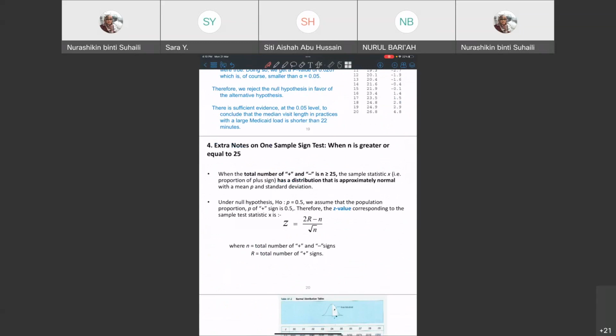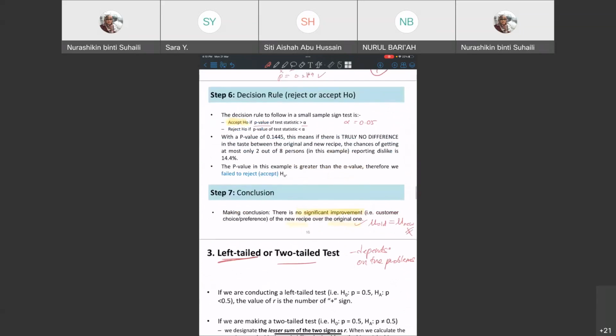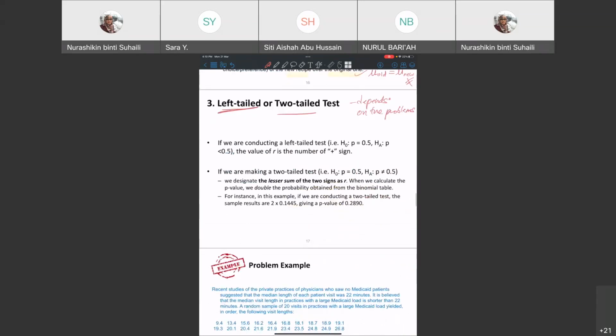So just now, if you see the number of data that we are analyzing, for example, in the first case, we only have 10 data, right? And the second example is we have 10 pairs, or when we consider the signs, we only have 8 pairs that we want to compare.